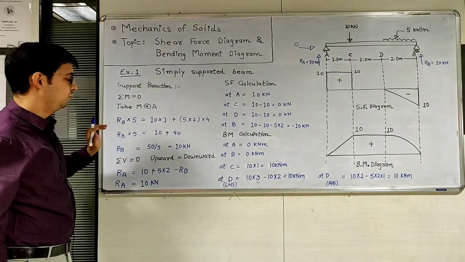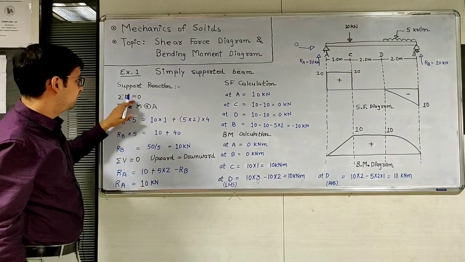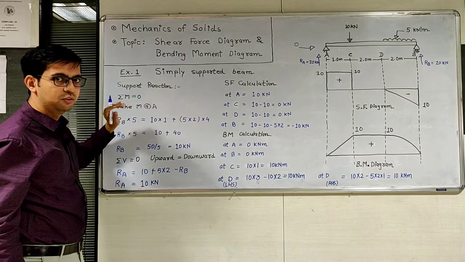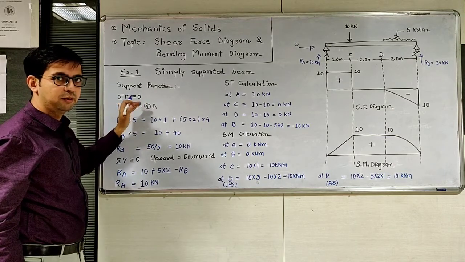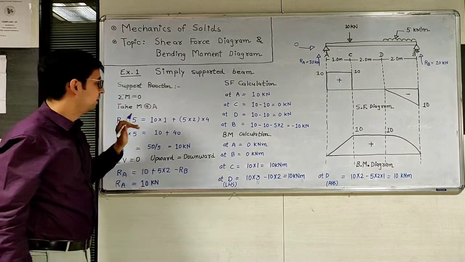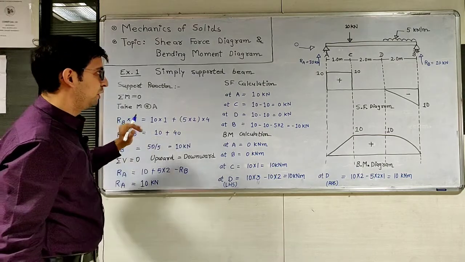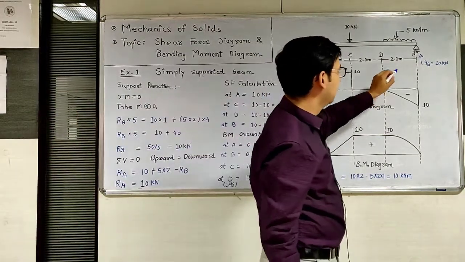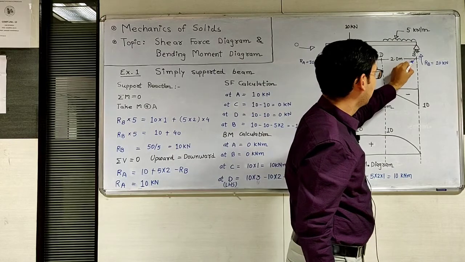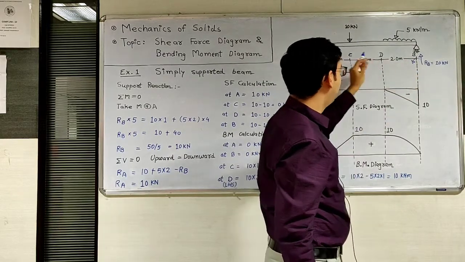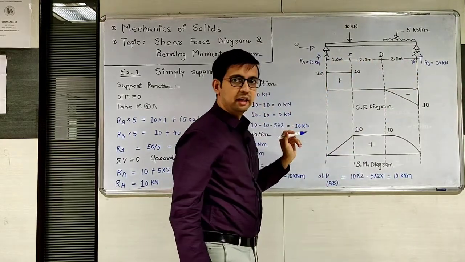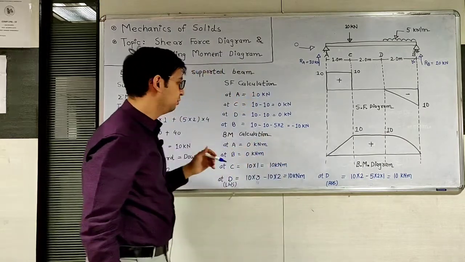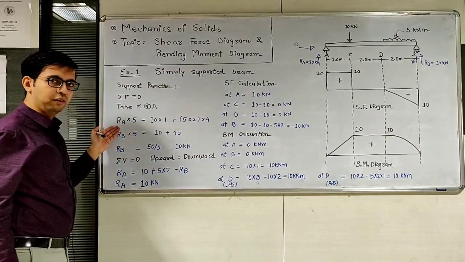So RB into 5. Now we are using the condition sigma M equal to 0, which means anti-clockwise moment equal to clockwise moment. So RB into 5. The sign of this RB force about A is anti-clockwise, so we are using it on the anti-clockwise side.